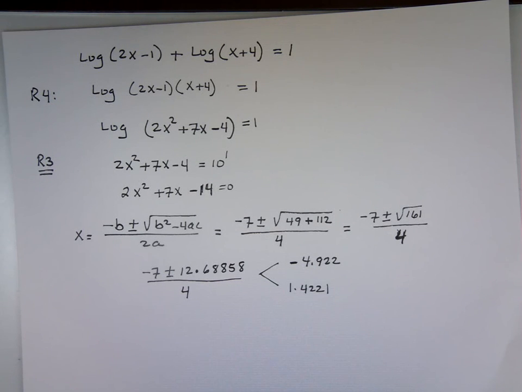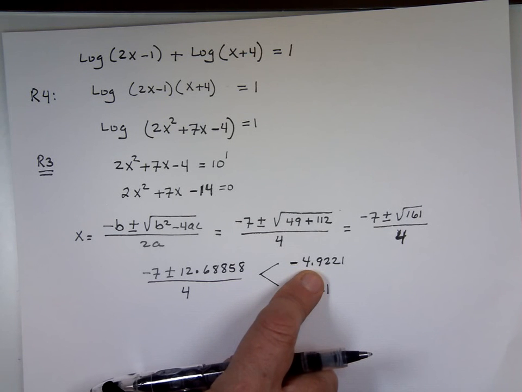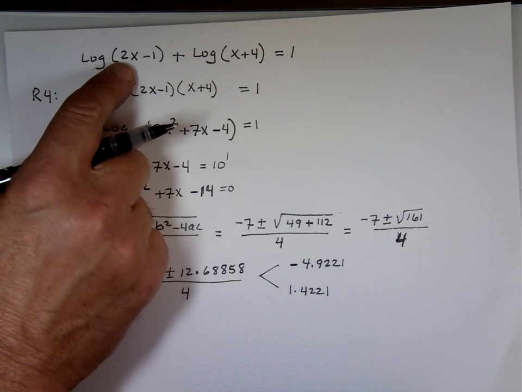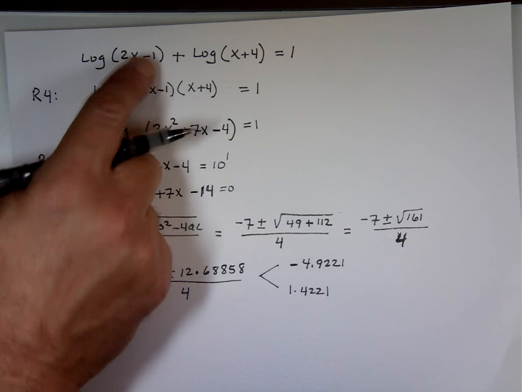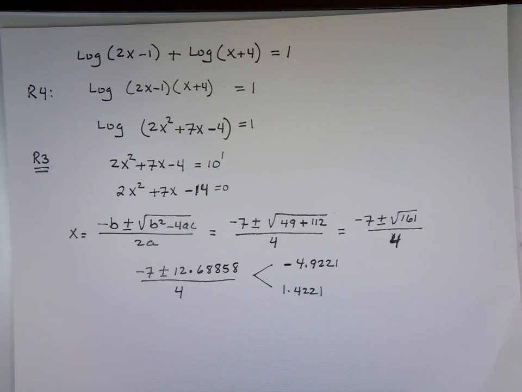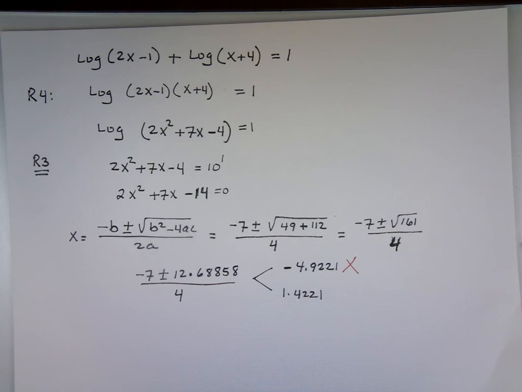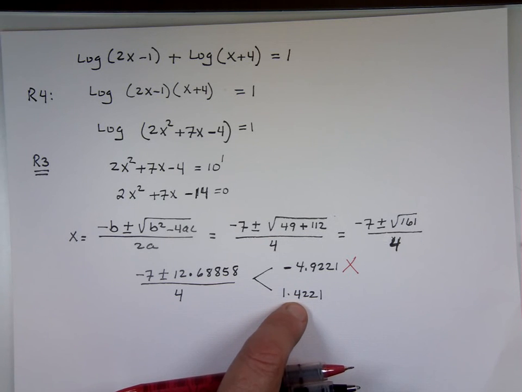Now, when you plug it in, notice that's a negative number, almost negative 5, right? What's negative 5 times 2, minus 1? Can you take the log of a negative number? No. Can't use that answer. This is roughly 1.5. What's 2 times 1.5?